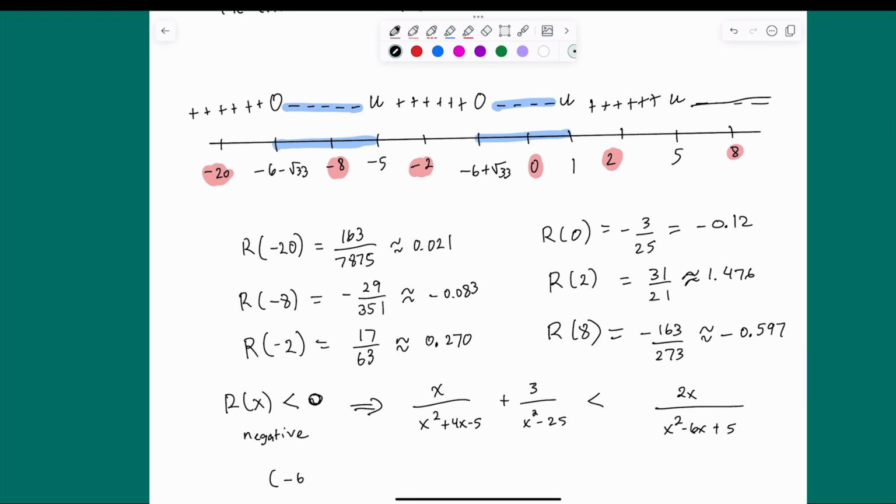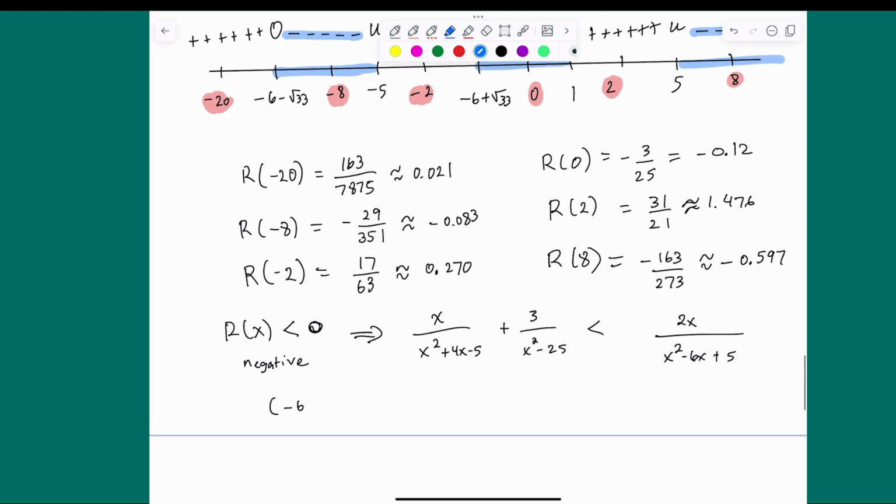By the way, I forgot to highlight that over there. So it would be -6 minus root 33, comma, to -5, and union -6 plus root 33, comma, to 1, parenthesis, union, parenthesis, 5 to positive infinity.